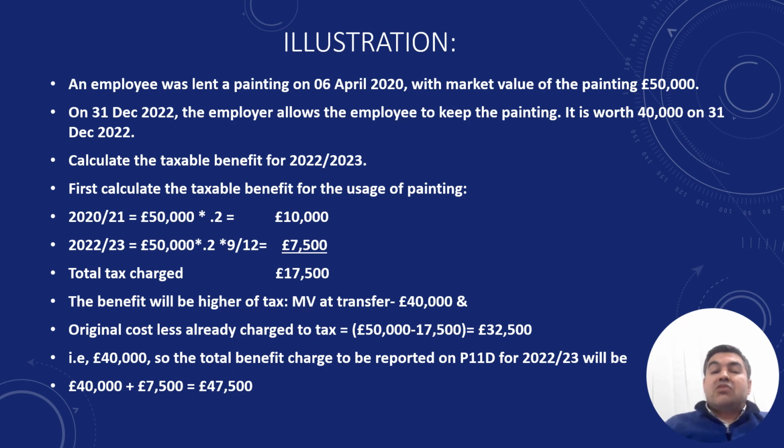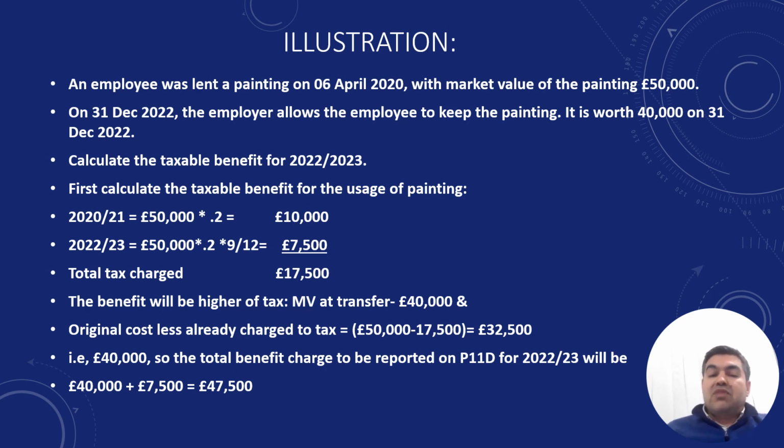Then in 2022-23, the asset was permanently passed to the employee. The ownership was passed to the employee. Obviously the usage was for 9 months, so 50,000 multiplied by 20%, and you need to apportion. So the tax charge for keeping the asset for that period was 17,500.